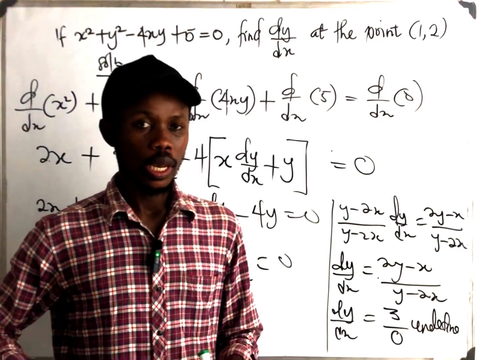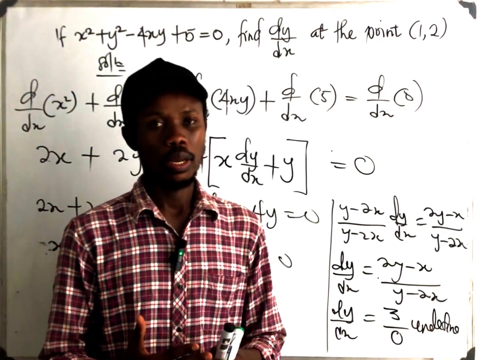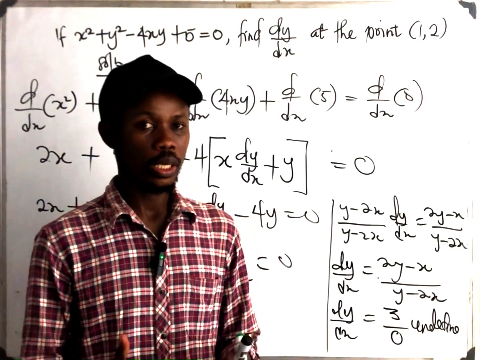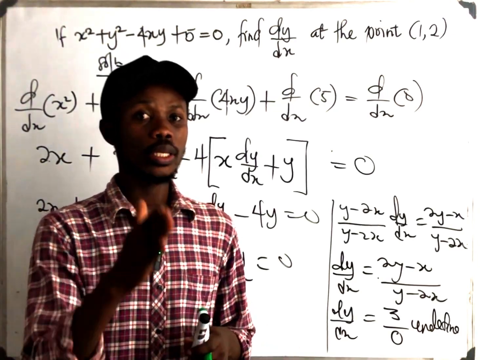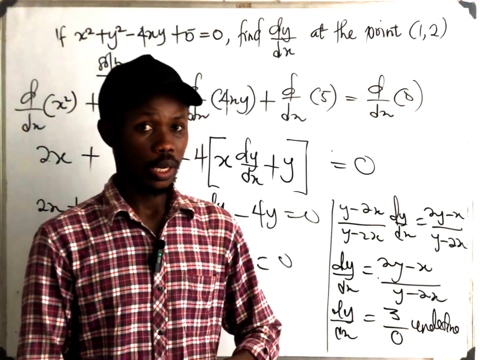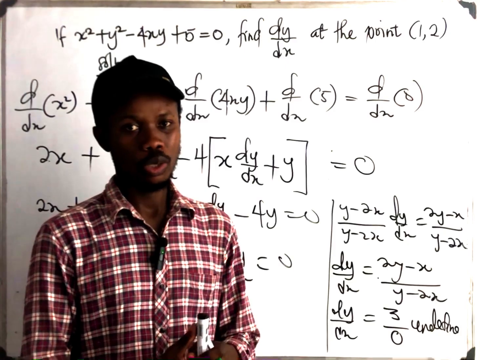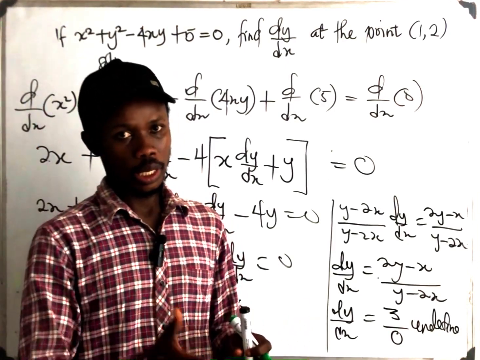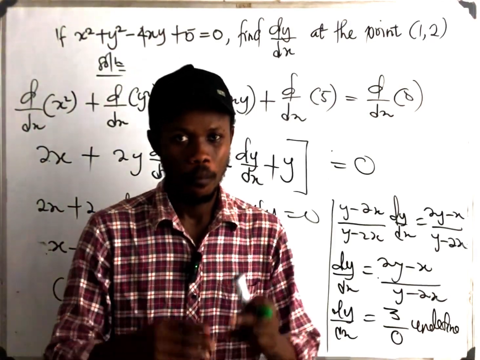So anytime you see a tangent that is 0, or the gradient is 0, then you are talking about a tangent that is horizontal. And when a tangent is undefined, here the tangent is vertical. Is that okay? And if you get a number which is not 0 nor undefined, then it is a slope. It is a steep one. Is that okay? Yes, thank you very much for watching.